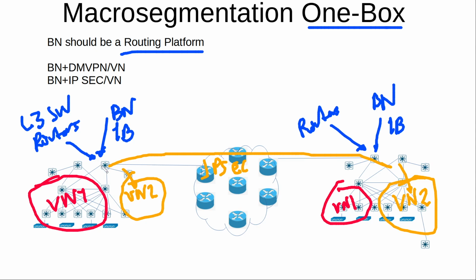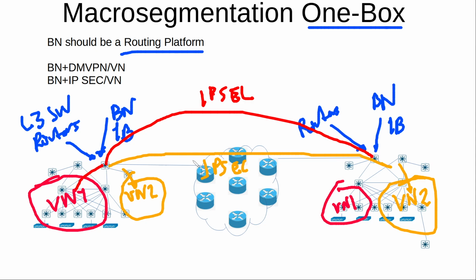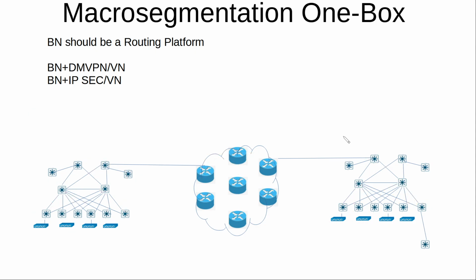And then I will have to create another IPsec tunnel between border nodes in order to let the VNI number 1 on one side communicate to VNI number 1 on the other side.